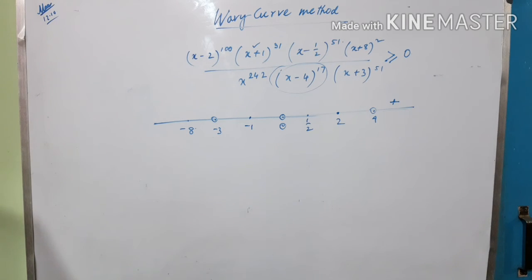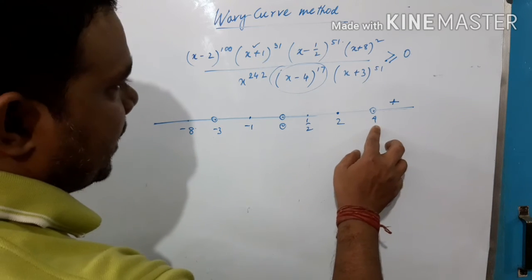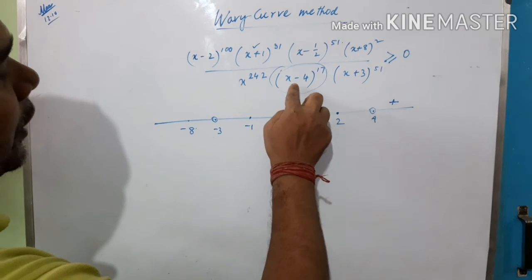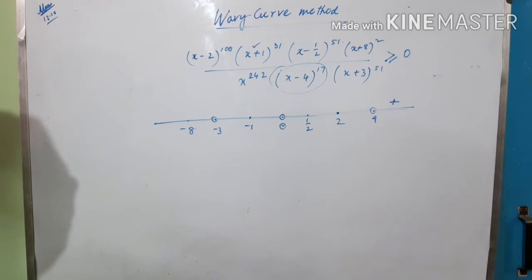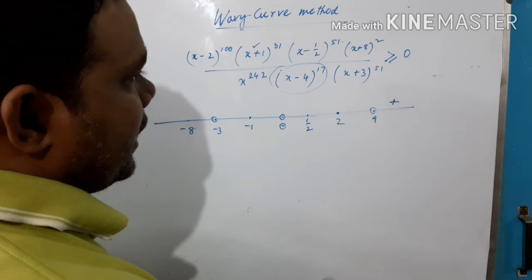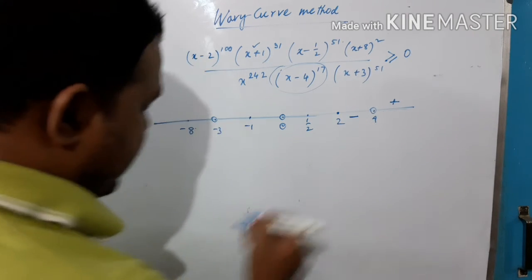Now see what is the power of this factor. If the power of the factor is even, then the sign will remain the same, and if the power of the factor is odd, then the sign will change. Now 4 is separating. 4 is coming from the factor x minus 4, whose power is odd, and odd power means change. So it was plus and it will be minus.